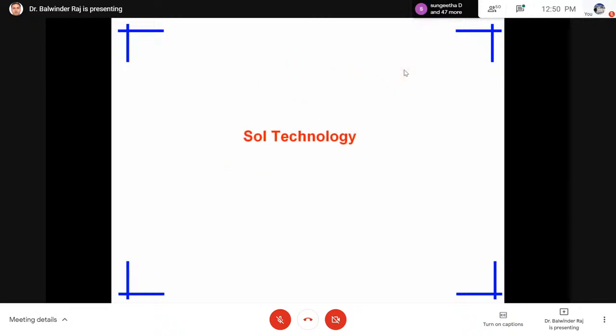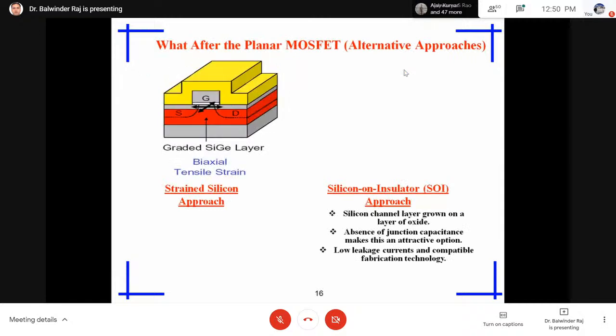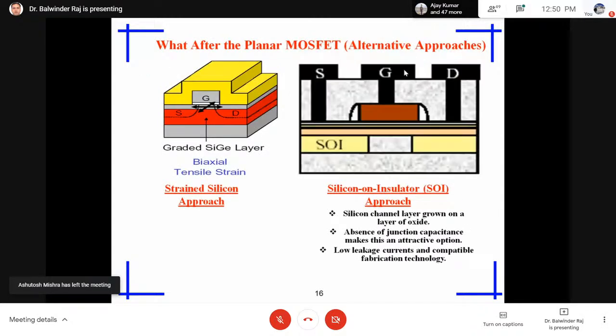So let's come to SOI technology. So what is SOI technology? In the conventional planar MOSFET, if we have to enhance the device performance, we go for a strained silicon type of approach.